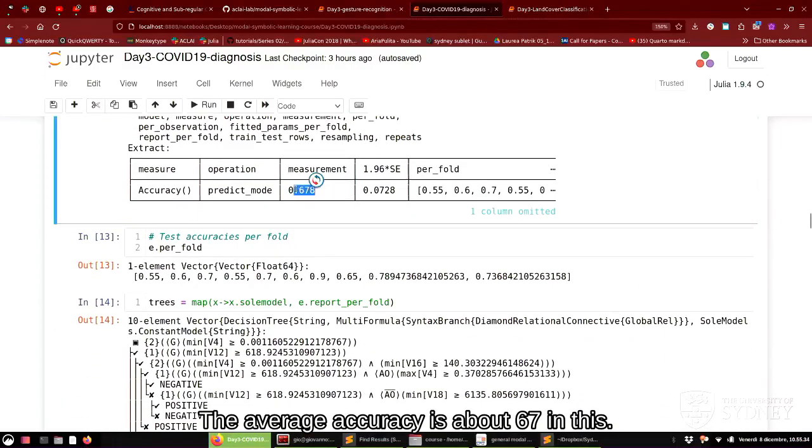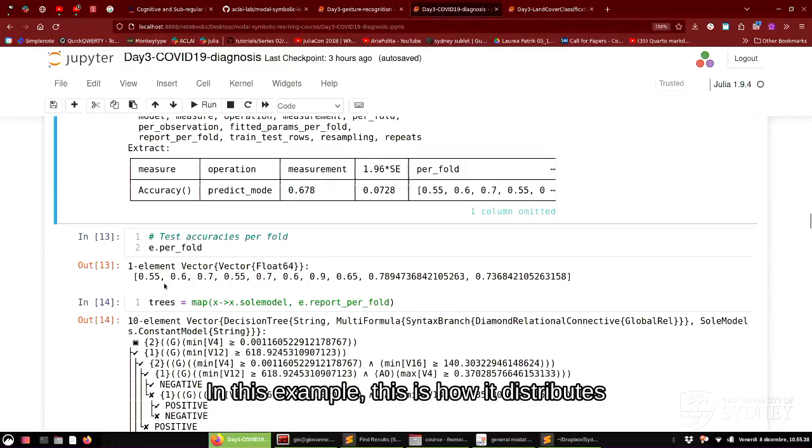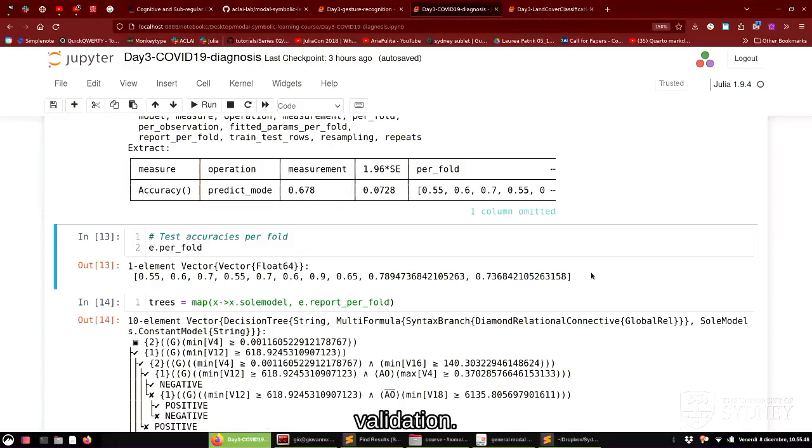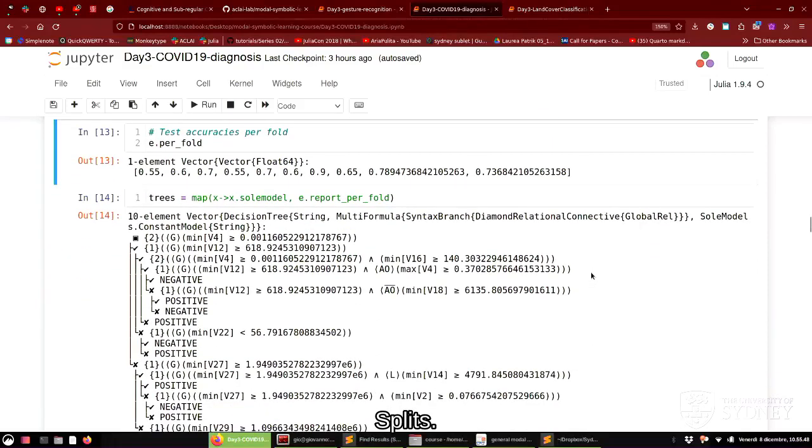The average accuracy is about 67 in this example. This is how it distributes throughout the 10 different cross-validation folds.